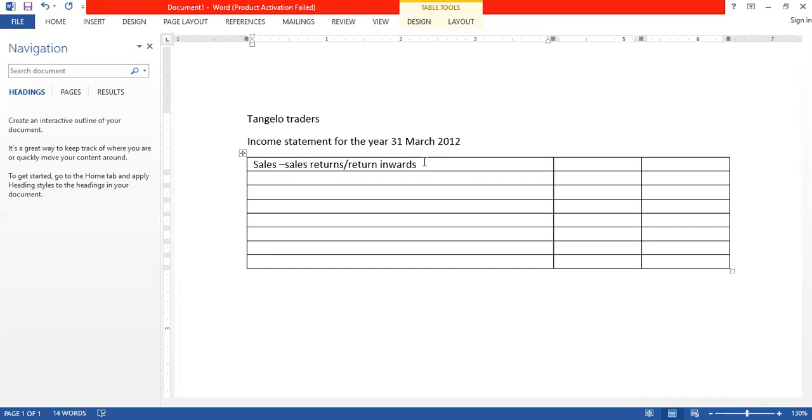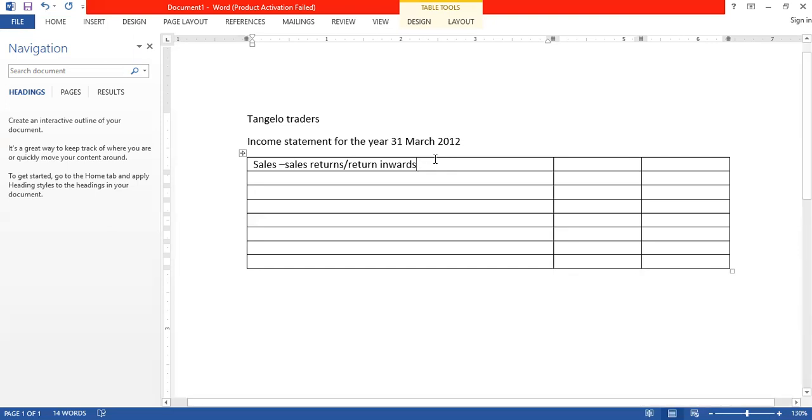Now we go to our activity, and we look for our sales. What is our sales amount? Our sales amount is 217.